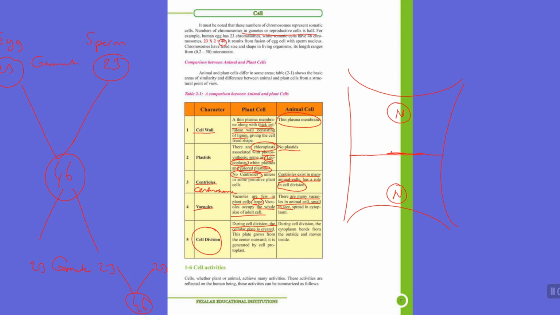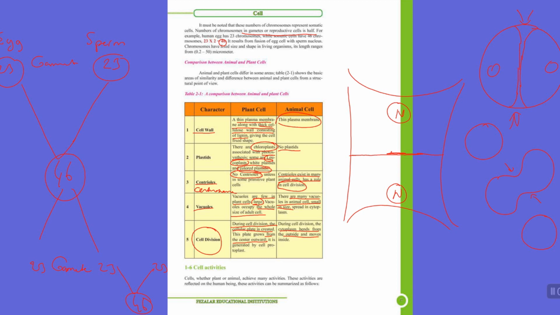But in an animal cell, which is spherical, from two sides, like a pressure happens on the cell or it is pulled by some inner materials, it moves inward like pinching or squeezing a balloon until the cell divides into two and two cells are obtained. A difference: in a plant cell division of the cytoplasm is from the center outward, but in an animal cell the cytoplasm bends from outside and moves inside.